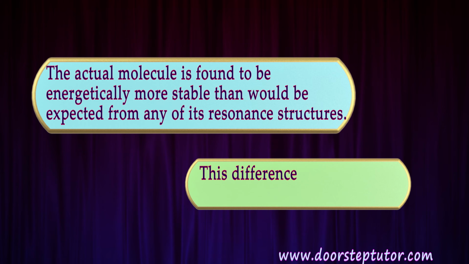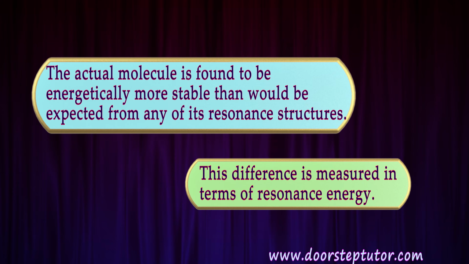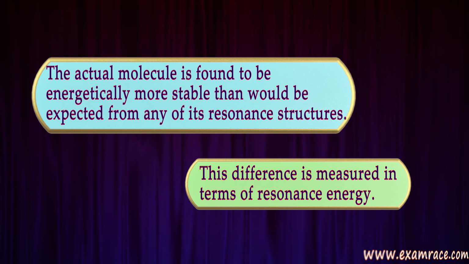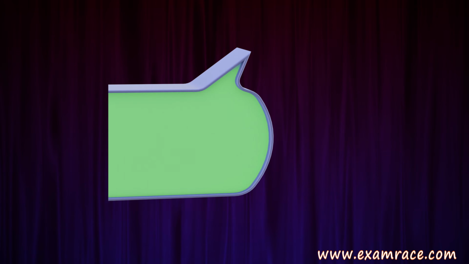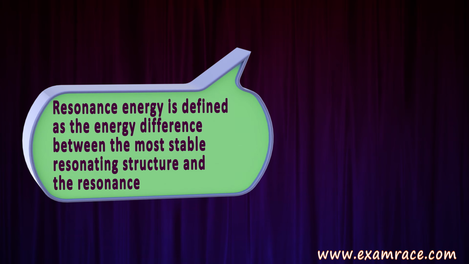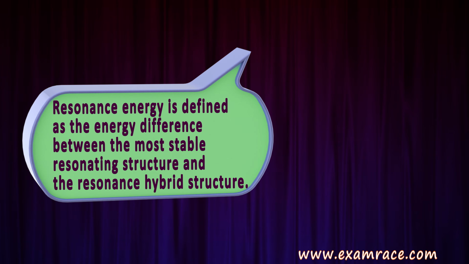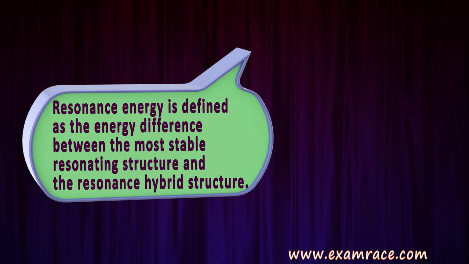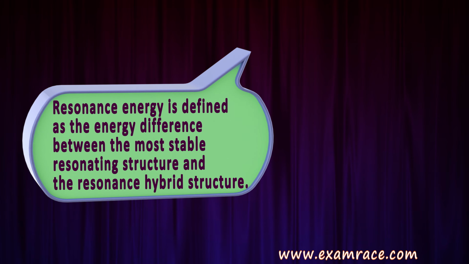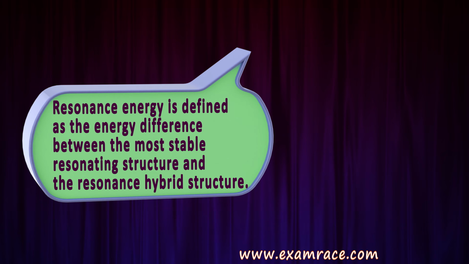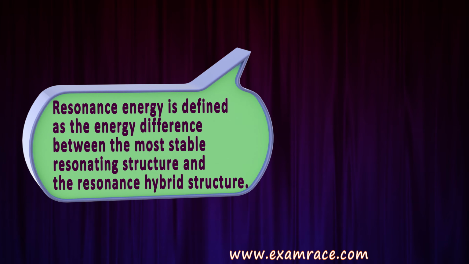The difference we find between these resonating structures and the hybrid structure is called resonance energy, and it can be defined as the energy difference between the most stable resonating structure and the resonance hybrid structure. For calculating the energy difference, we take the most stable resonating structure and compare it with the resonance hybrid structure.